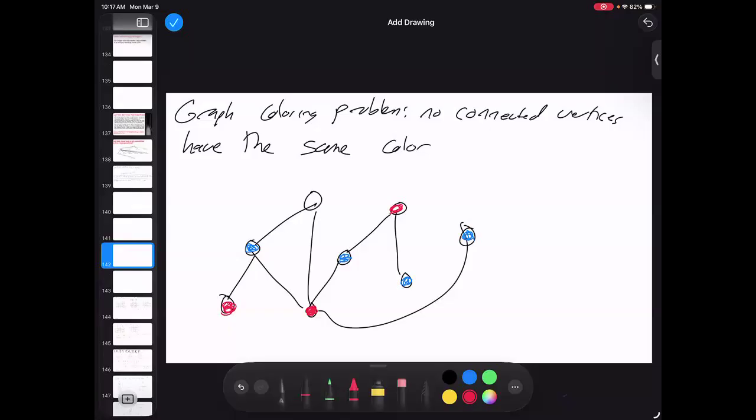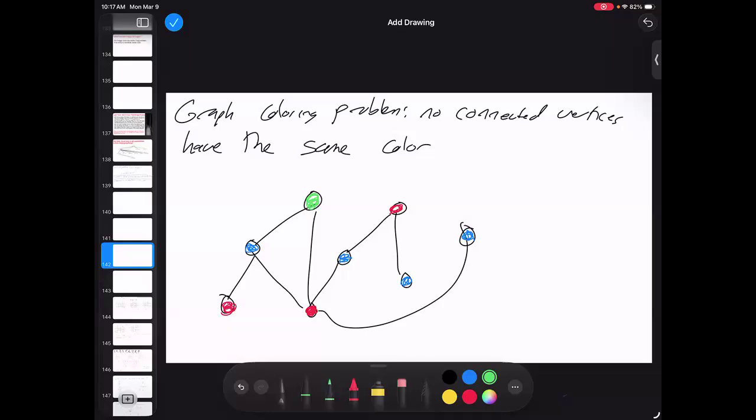And I can't make this one either red or blue. So I would have to make this one green. So the coloring number is at most 3. So I know it's at most 3 because I constructed a coloring that does it with 3. Is it possible to do it with just 2?